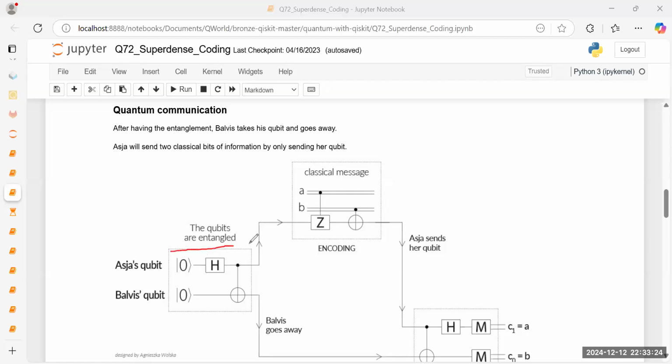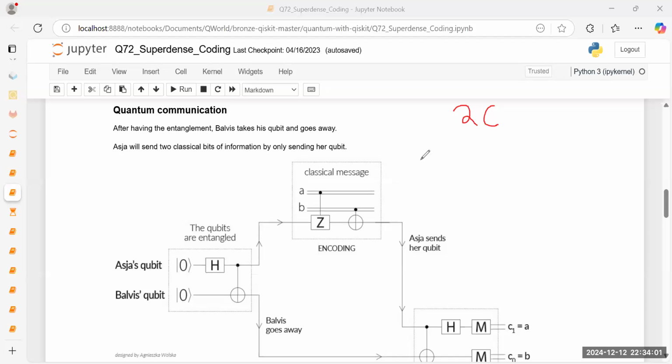At this point, we have our entangled pair. Then Asja can go to one location and Balbis goes to another. Asja wants to send two classical bits to Balbis, and she's going to do that by sending her single qubit.